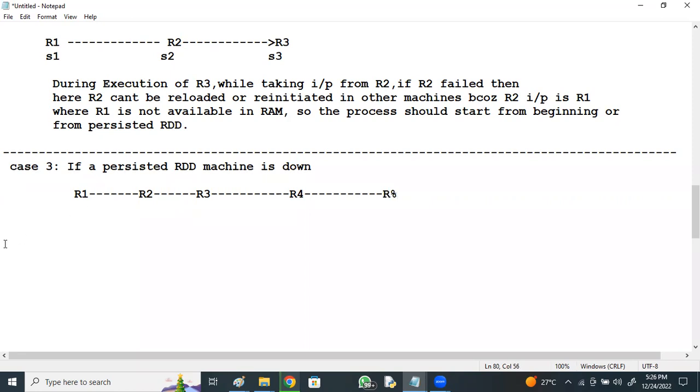In this one, R3 is persisted. Assume you have got only one partition for each RDD, stored in slave 1, slave 2, slave 3, slave 4.